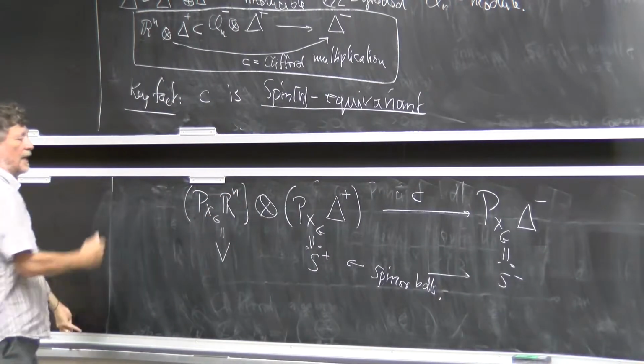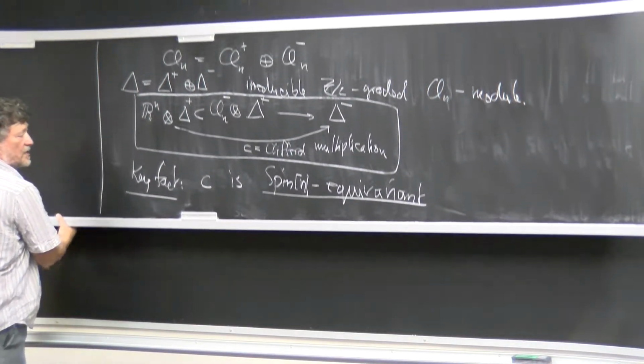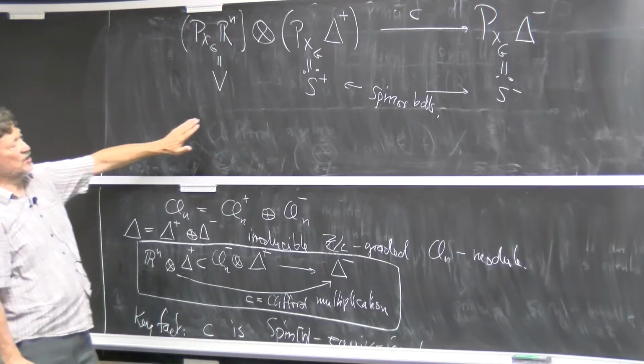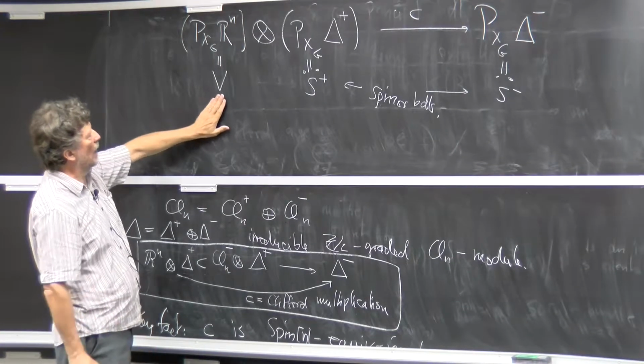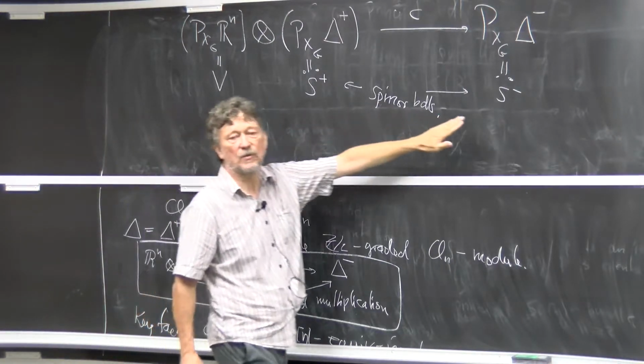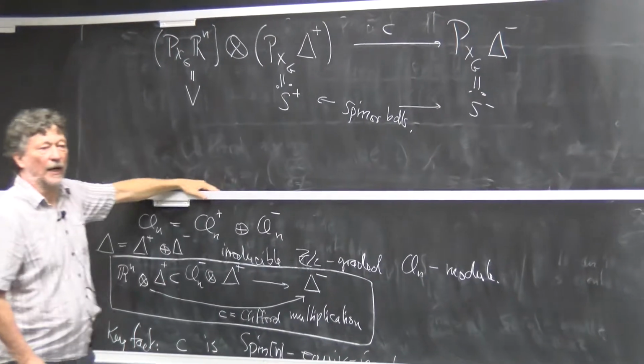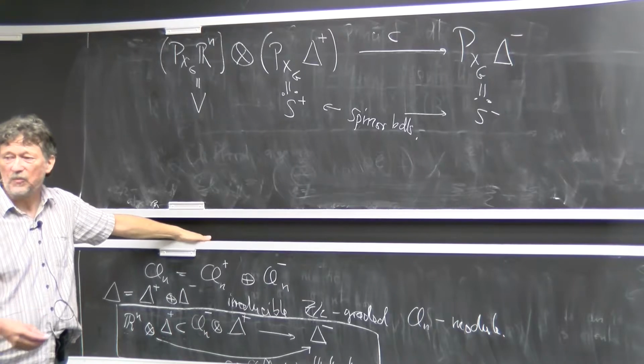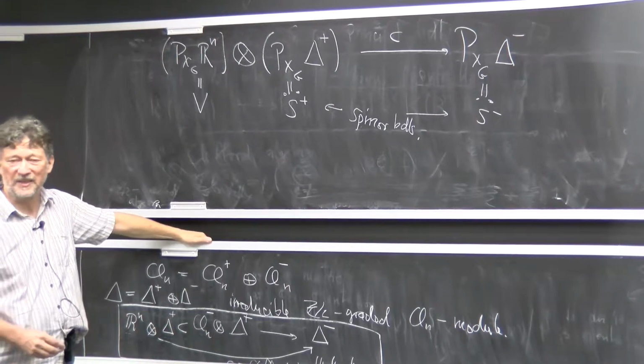The upshot is that the equivariance of this Clifford multiplication map allows me to construct a vector bundle map from V tensor S plus into S minus. And now I'm going to use that map the same way as I did use the Clifford multiplication before.